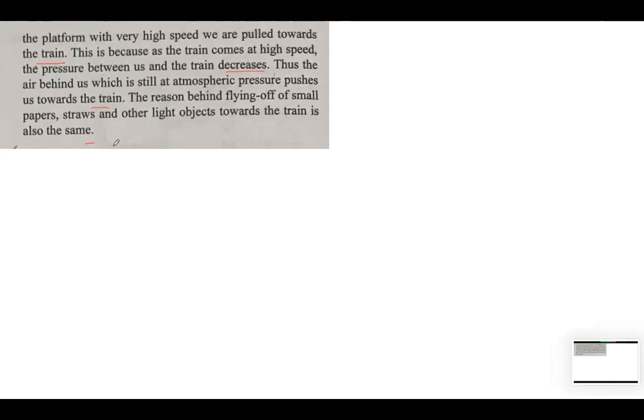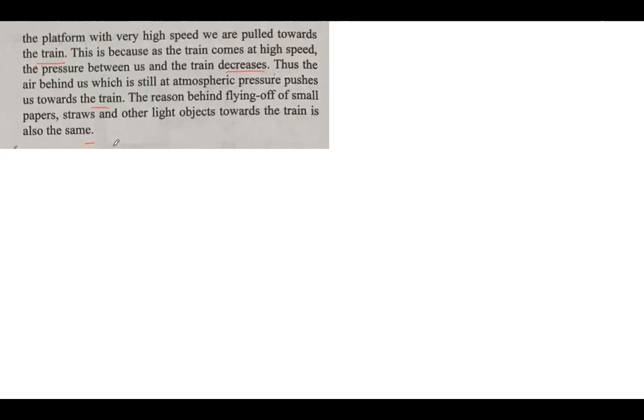Because the train is passing faster, the air around the train will be moving at a higher speed. So the pressure will be less there, and the pressure outside at a distance is more. Everything moves from higher pressure to lower pressure; the wind blows from higher pressure to lower pressure.